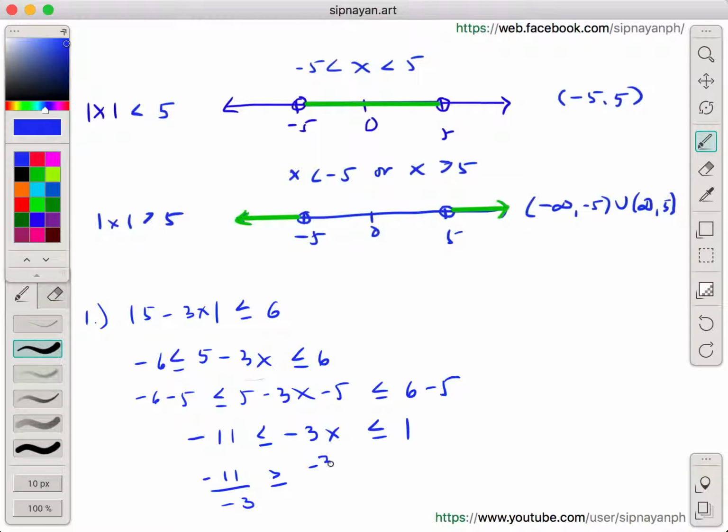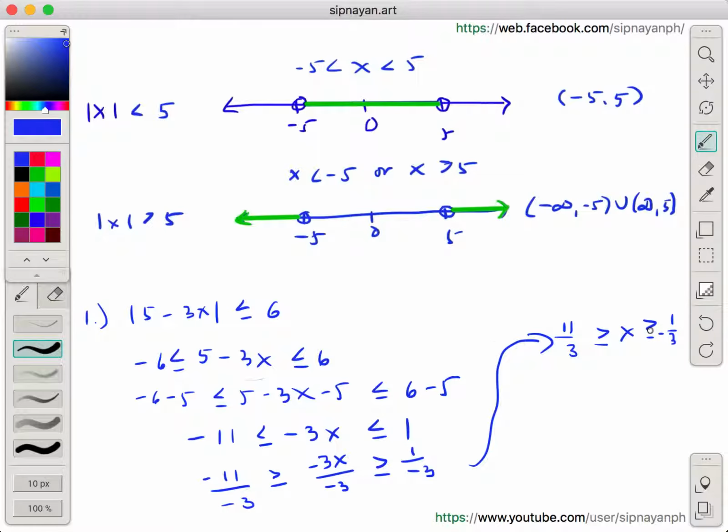So it becomes negative 3x over negative 3, and this will also flip. It becomes 1 divided by negative 3. Negative divided by negative is positive. So 11 over 3 is greater than or equal to x, which is greater than or equal to negative 1/3. This is negative 1/3, 1 over negative 3.